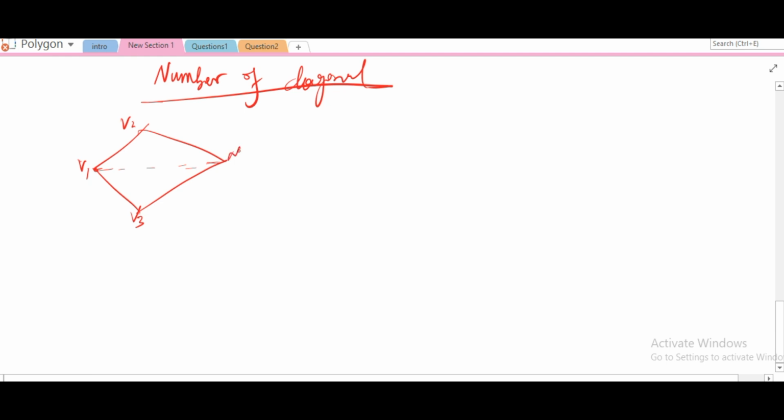Adjacent, this is the non-adjacent diagonal. Non-adjacent vertices, we get a diagonal. So from here, you notice that this is also non-adjacent to that. So we have 2 diagonals. Okay. Let's check. Triangle has none because the 3.